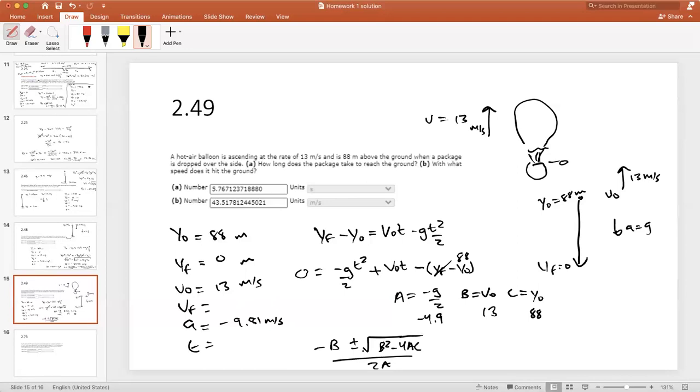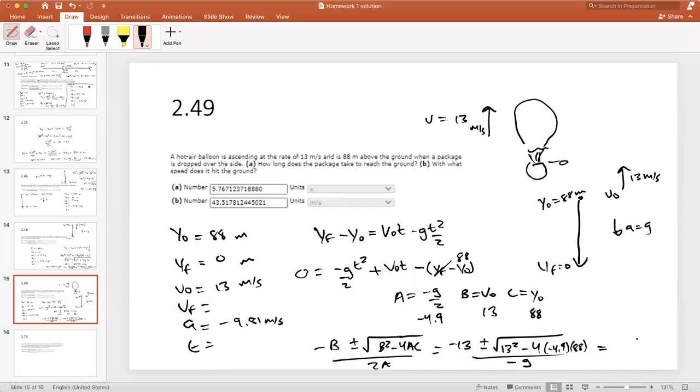These two things will give me time because that's what the quadratic is. This is negative 13 plus or minus the square root of 13 squared minus 4 times minus 4.9 times 88, all over 2 times negative g, or negative 9.81, if you want to put that in.